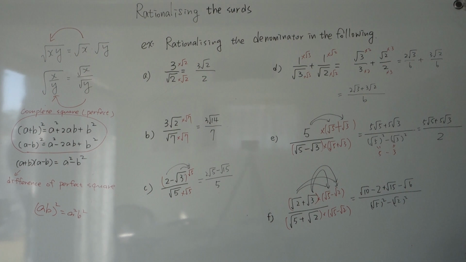So the answer becomes 3 on the bottom, and on top square root 10 minus 2 plus square root 15 minus square root 6. Okay? Okay, that's our rationalizing.